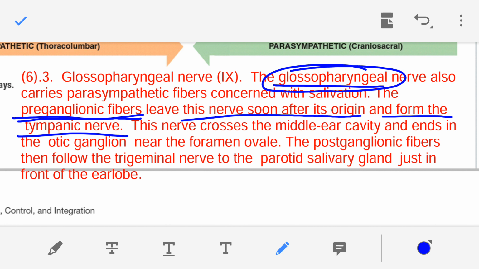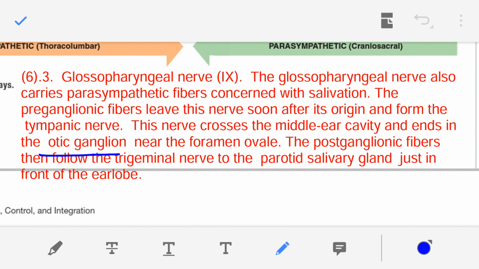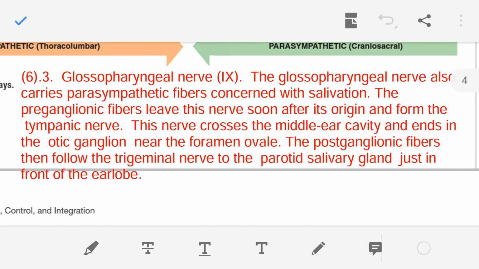Now this tympanic nerve, in which the preganglionic fibers are present, crosses the middle ear cavity and ends in the otic ganglion, and the otic ganglion is present near the foramen ovale.